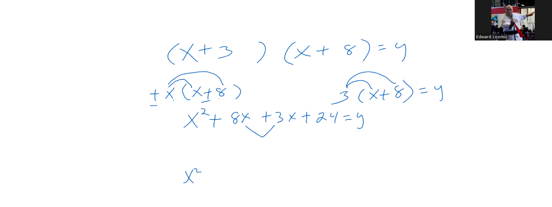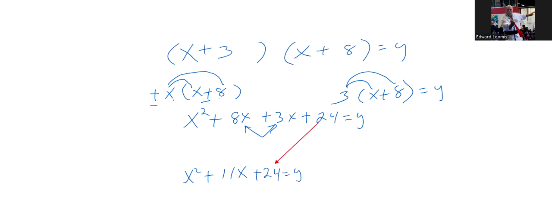They're like terms because they both have the variable x and they have exponents of 1. I have 8x's, I add 3x's to it, I have 11x's. So I have x squared plus 11x. And my last one, my 24, that's the number without the variable, I'm going to bring straight down. That's a positive 24, and that's equal to y.